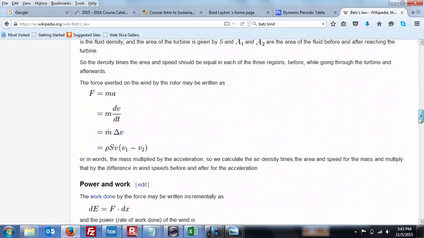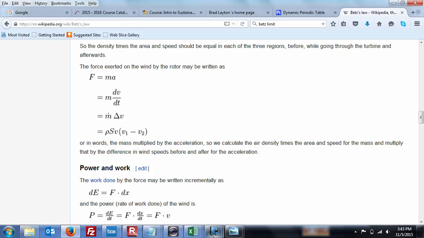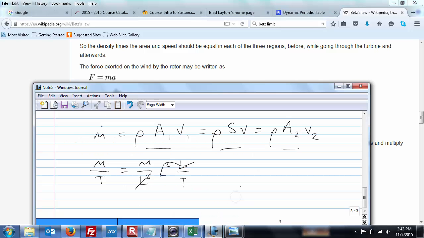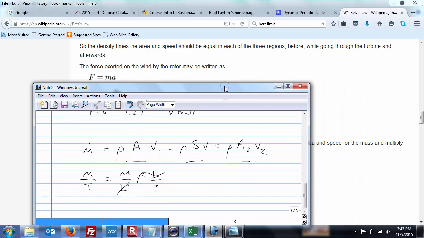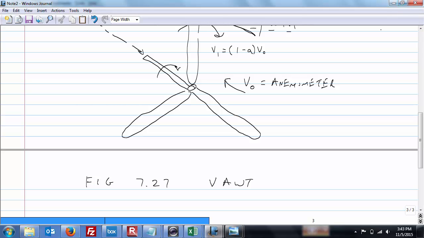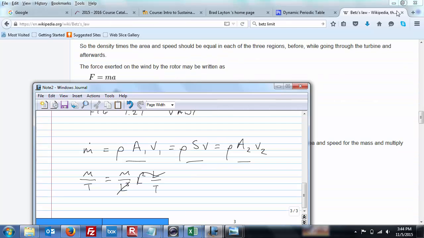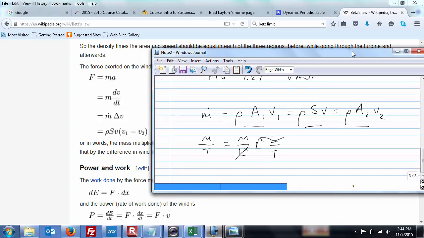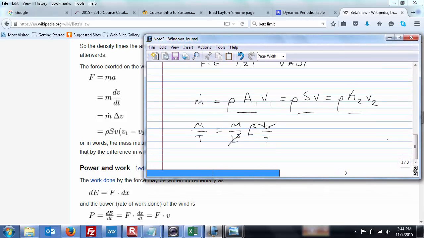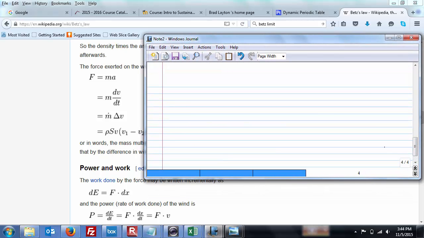Pretty simple. Okay, now we just get on to Newton's second law, F equals ma. So I'll just follow along with that.